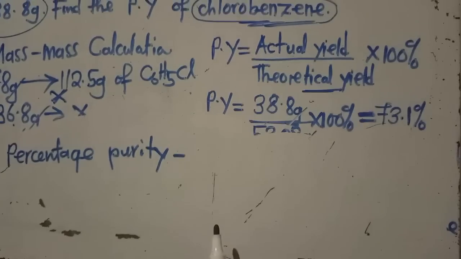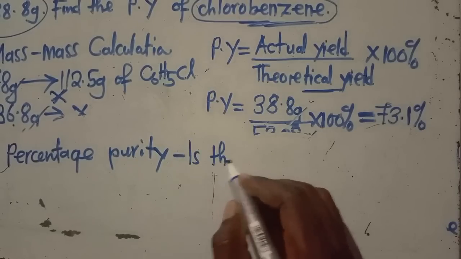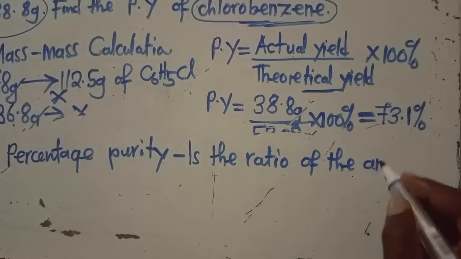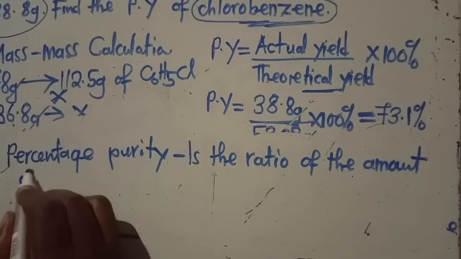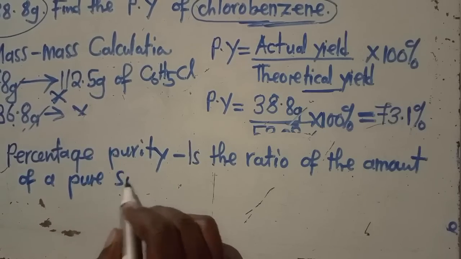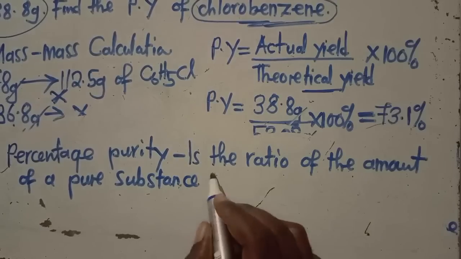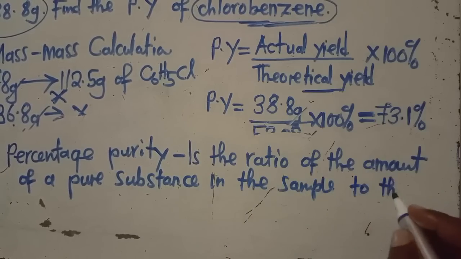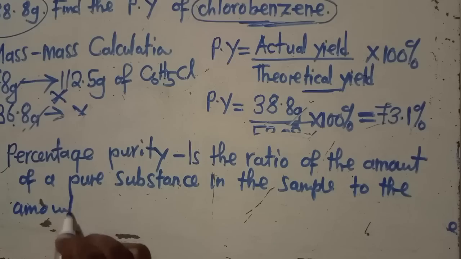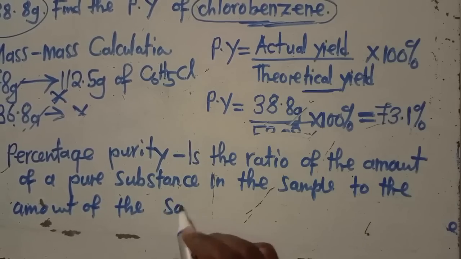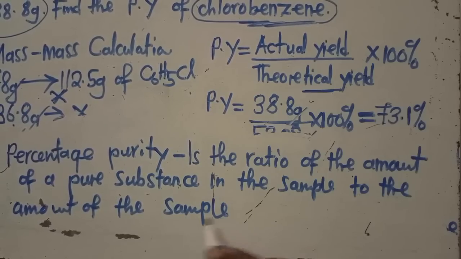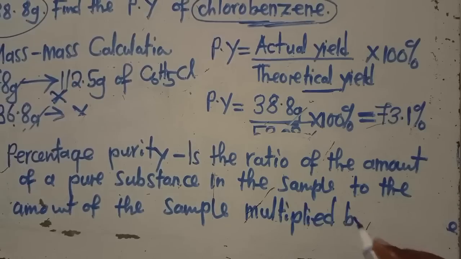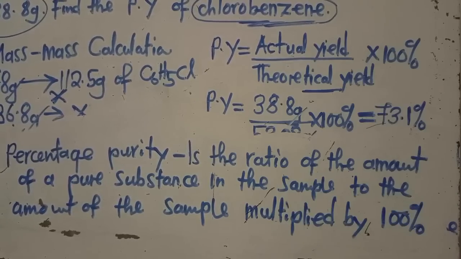So I'm telling you to say that percentage purity is the ratio of the amount of a pure substance in the sample to the amount of the sample multiplied by 100%.